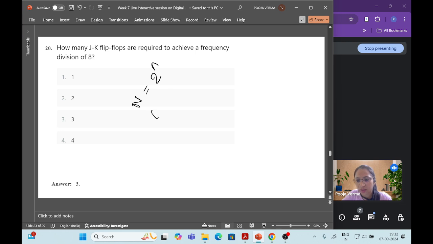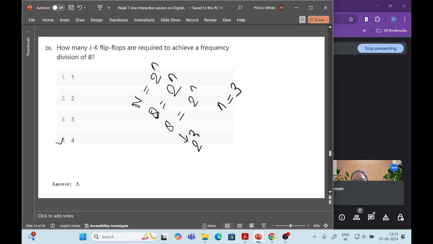Here it is given 8, because flip-flops, if we add some input, will act as a counter. So frequency division of 8 means mod 8. So 2 to the power 3 is equal to 8. So n is equal to 3 flip-flops are required for frequency division by 8.